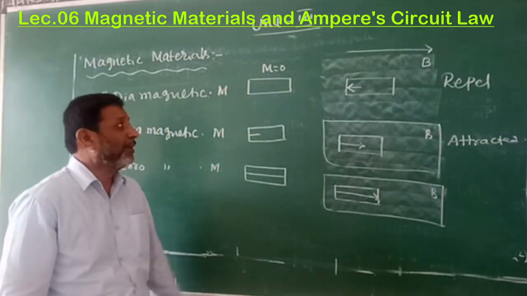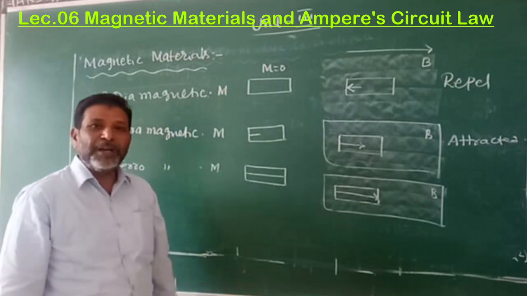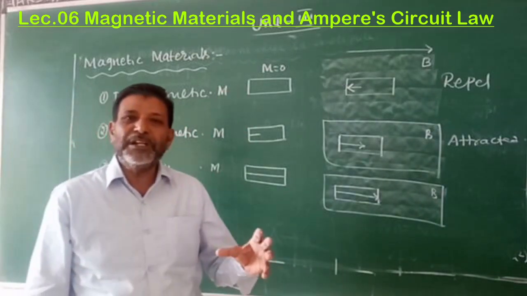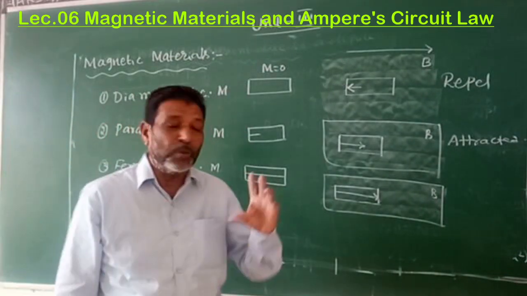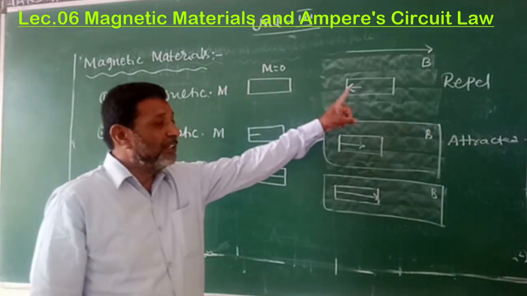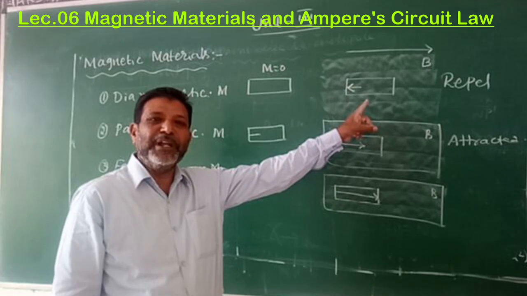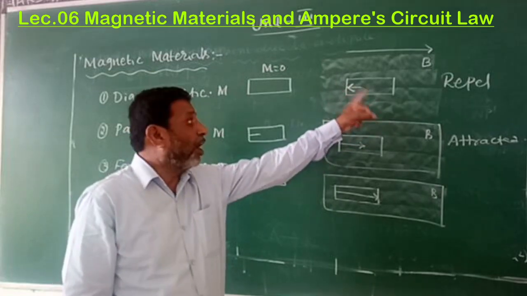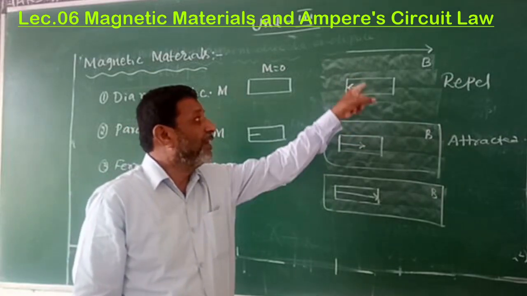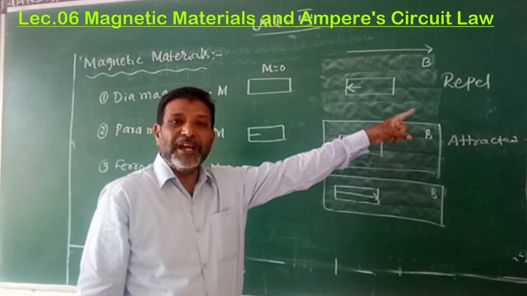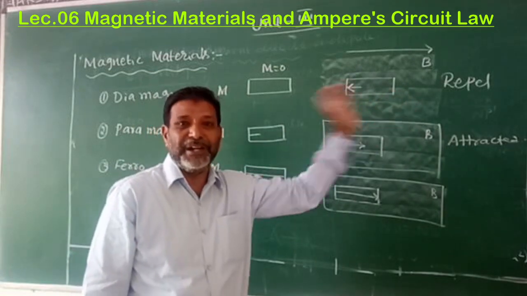Once again, I repeat. In a diamagnetic material, the initial magnetic moment is zero. When the material is placed in a magnetic field, it acquires some magnetic moment in a direction opposite to the applied field. Hence, this diamagnetic material gets repelled.